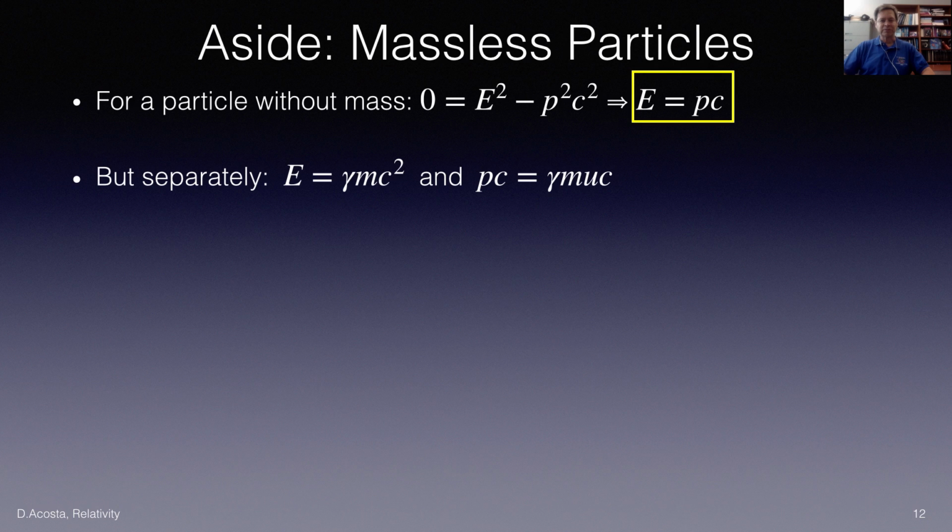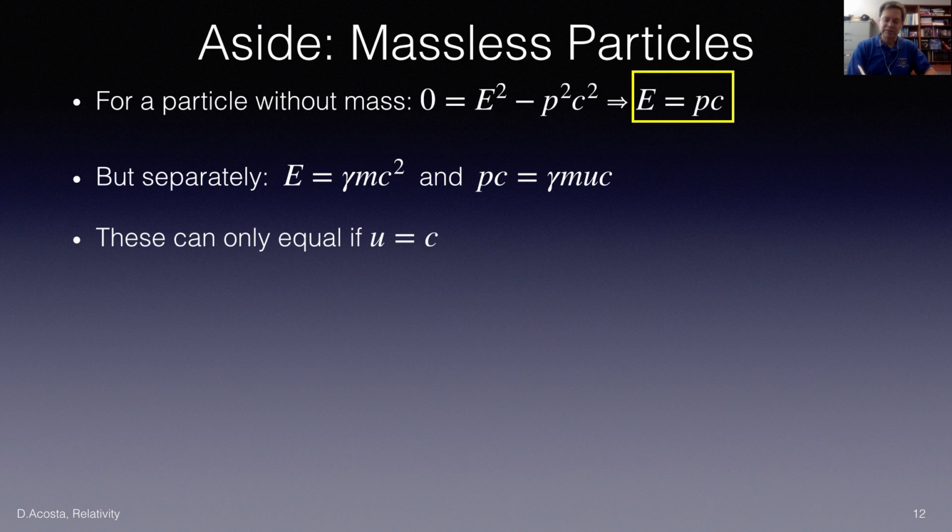However, on that list of equations I had on the first slide, the total energy of an object is gamma mc squared. Moreover, momentum times the speed of light is gamma mu, the relativistic definition of momentum, times c. Well, if E equals pc, how do these two equations equate? They could only equate if u equals c, right?